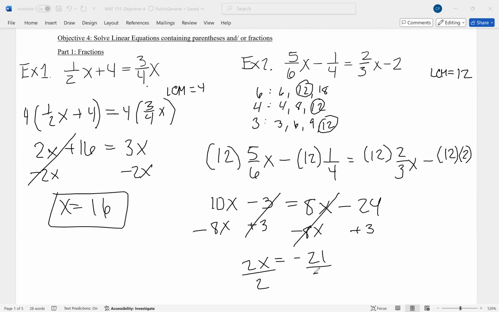And when we divide both sides by 2, x will be negative 21 over 2. Okay? So this is how we do these problems with the fractions. We want to find the LCM and we want to multiply each term by that LCM.